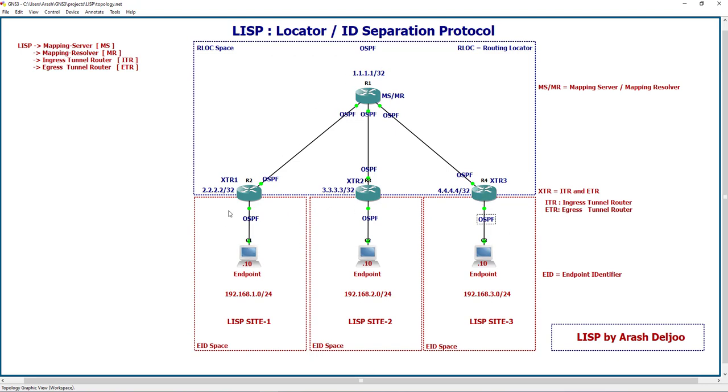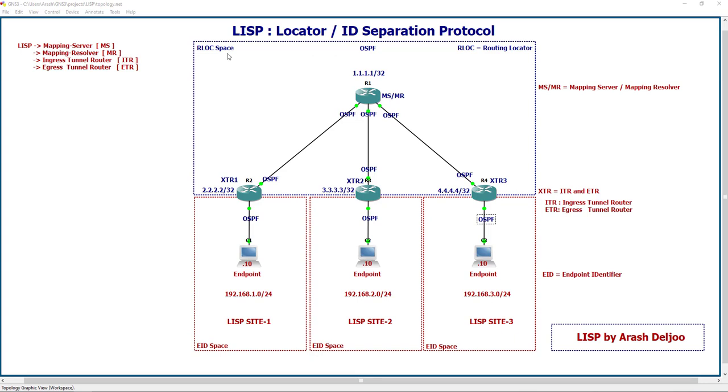In IP space, we should enable OSPF or EIGRP on all of the interfaces. But if you want to use LISP, we have 2 spaces of addressing. The first space is the RLOC space, and the second space is the EID space. Let me talk about the RLOC and also the EID.